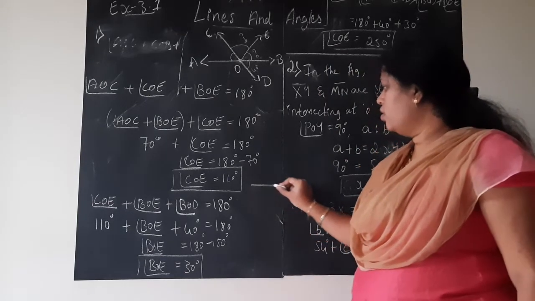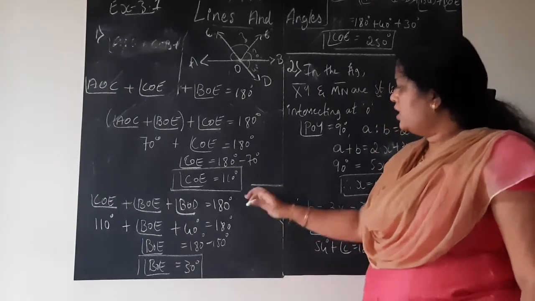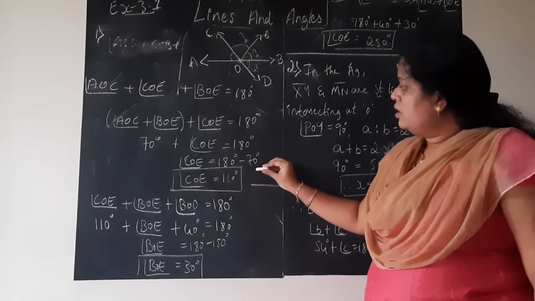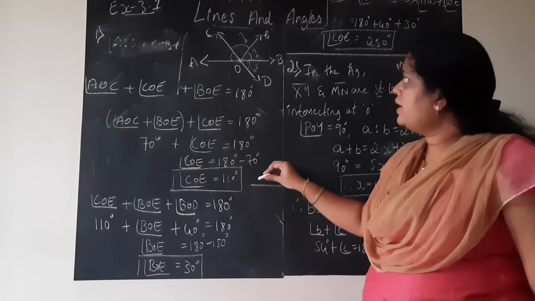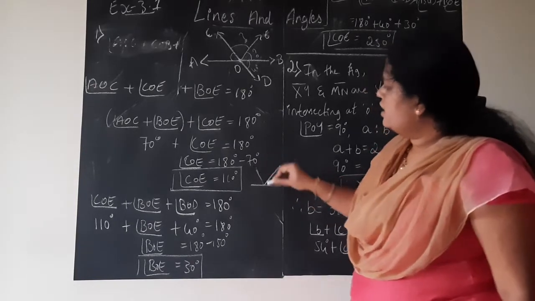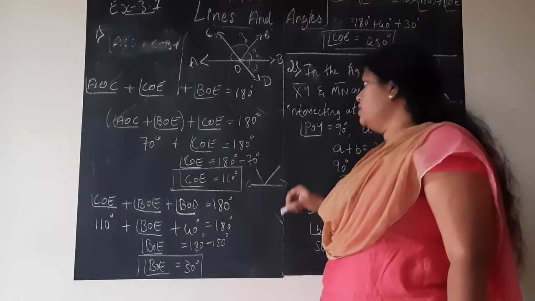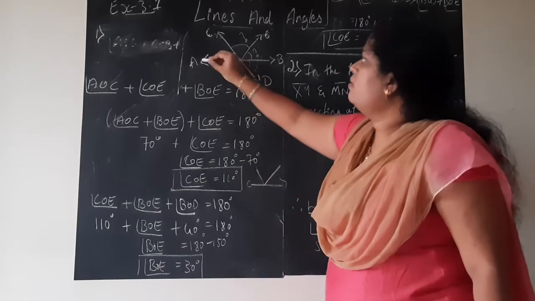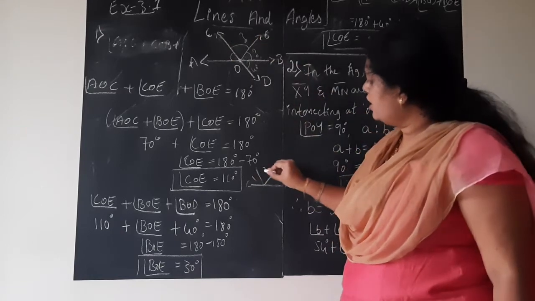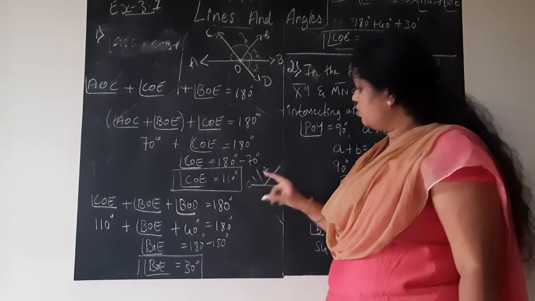Now you have a straight line AB. Upon that, it is a straight angle, and you have a ray standing on the line. That concept only, if you apply, the sum of angle AOC, COE and BOE, angle 1, angle 2 and angle 3, this is what I am considering.